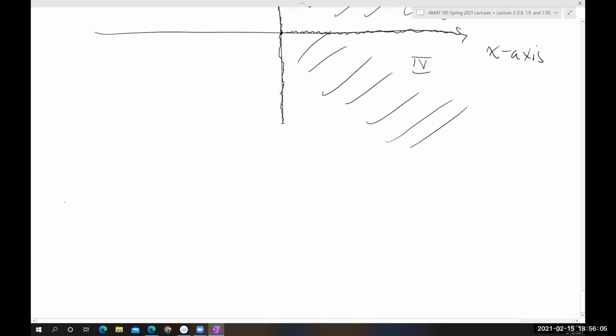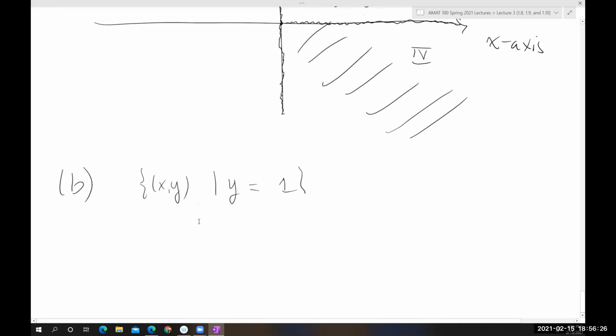Now let's look at part B. In this example, we're looking at the set of all x and y such that y is equal to 1. Again, in this case, we don't have a restriction on what x can be. We do have a restriction on what y can be.